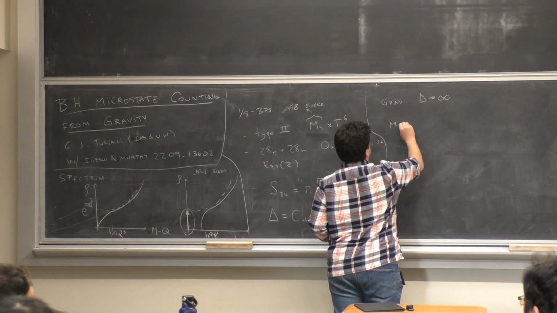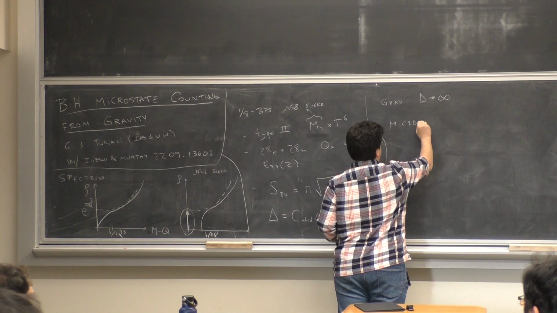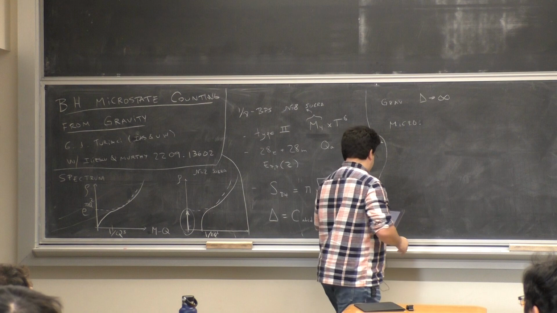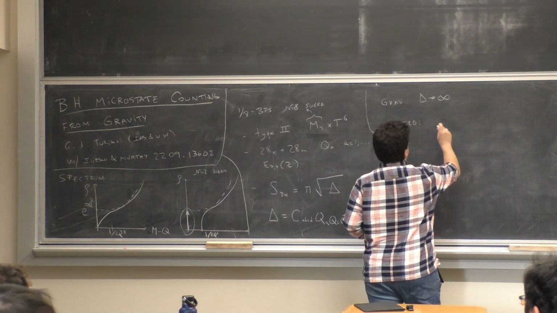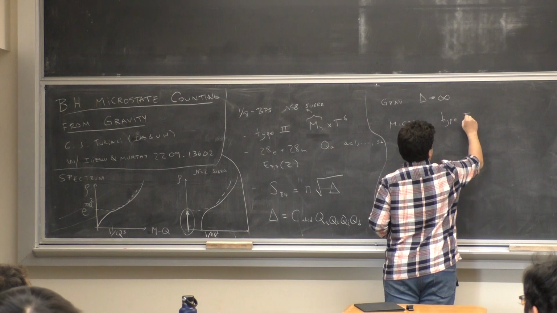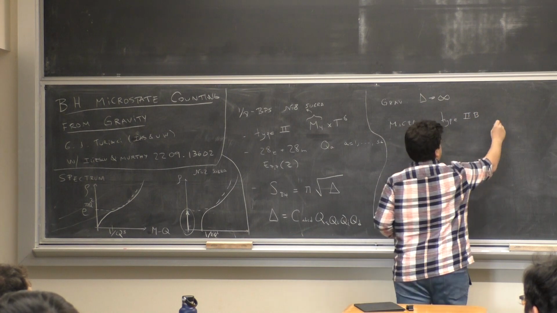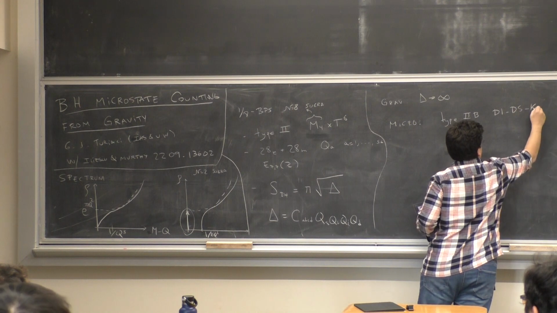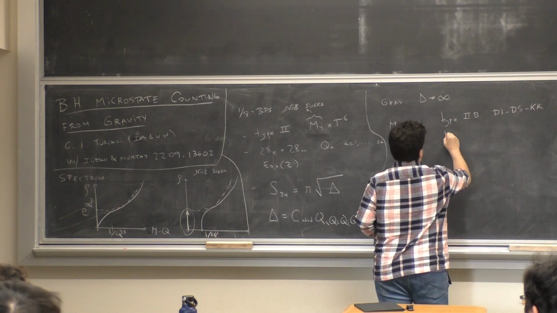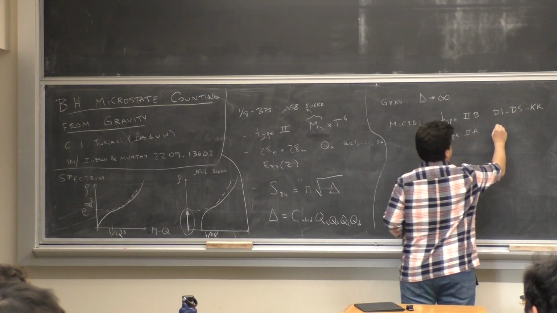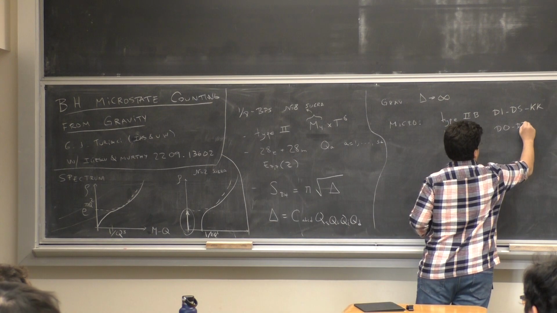On the microscopic side, by microscopic I mean using the quantum mechanics from the D-branes, this can be thought of in different frames. In type 2B, this is a system of D1, D5 and Kaluza-Klein monopole; in type 2A this is a D0, D2, D4.